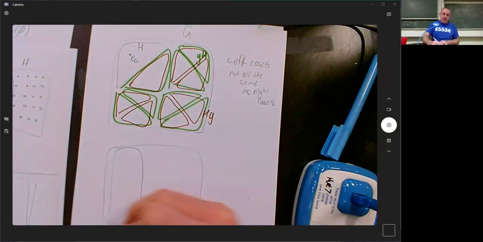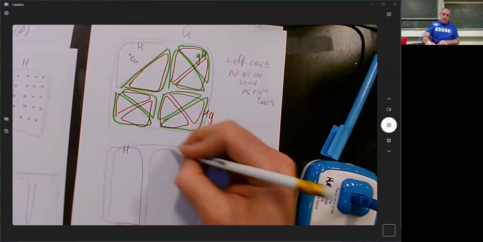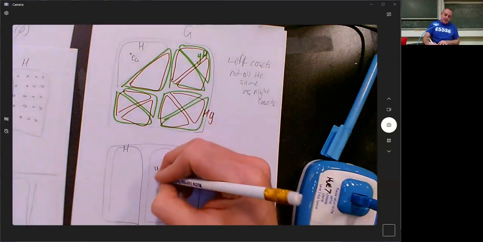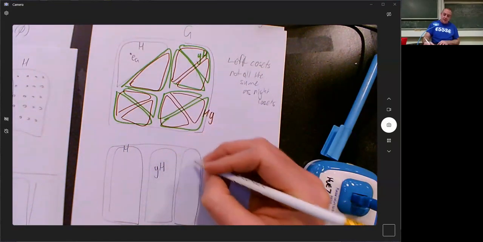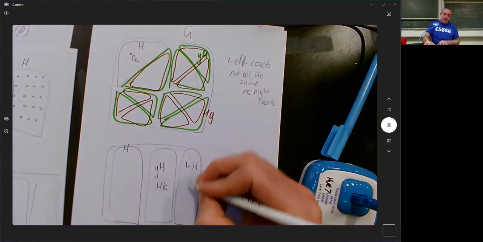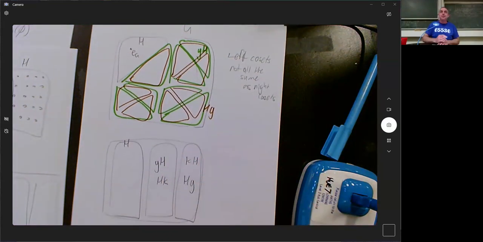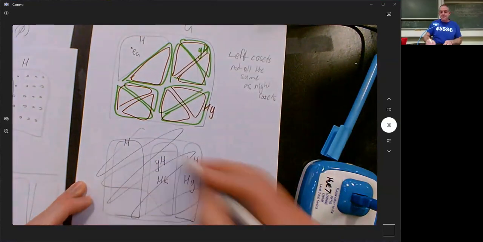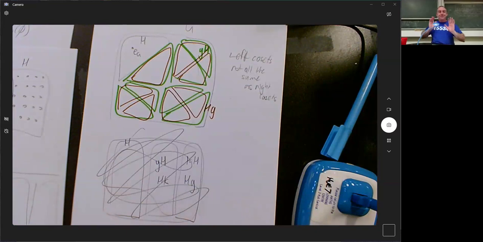It could be that this is H, and this is G of H, and this is K of H, and this is H of K, and this is H of G. No, that won't work. No, won't work at all. Sorry. That doesn't work. It's okay. G of H and H of G have to share G. There is no way around it.